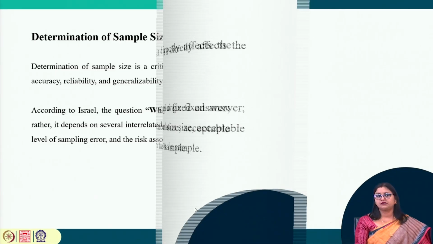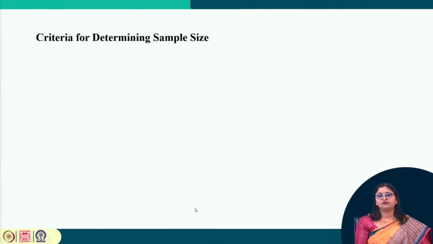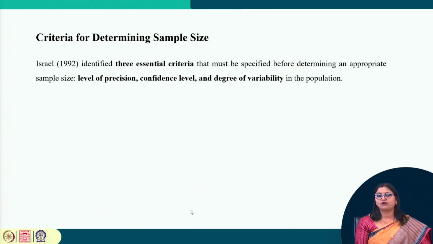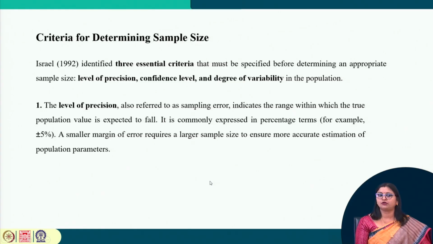So, if we are talking about the determination of the sample size, there are a few criteria. Israel, in 1992, identified 3 essential criteria that must be specified before determining an appropriate sample size. What are those 3? The first one is level of precision, the second one is confidence level, and the third one is degree of variability in the population.